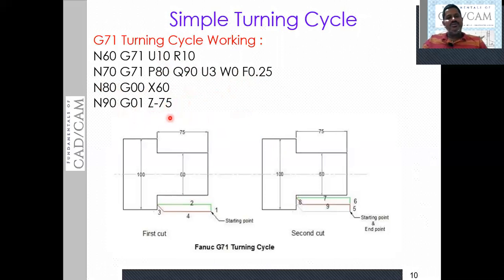These values are used along with the G70 code. Those values are used during the finish cut operation. So these values are bypassed, and the values specified between 80 and 90, or whatever values are specified along with the G70 code, are used during the finish cut. This is the simple turning cycle.